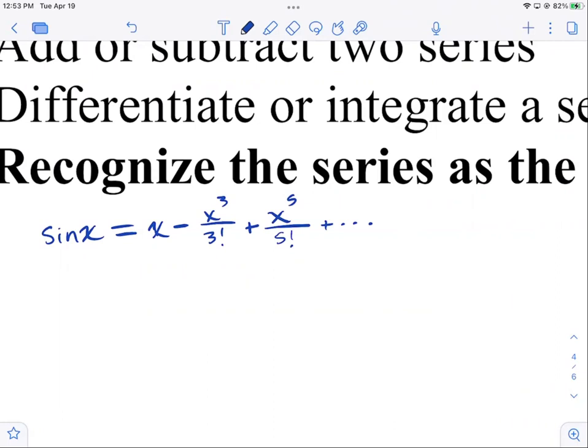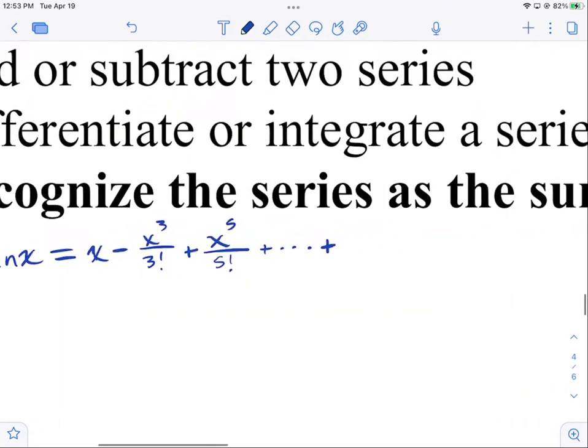It doesn't really matter if you're just putting dot dot dot. If you're actually going to write down the next term, you're going to want to make sure it's minus. If you feel better putting a minus there, that's fine. But it's going to be x to the 2n plus 1 over 2n plus 1 factorial, plus dot dot dot.